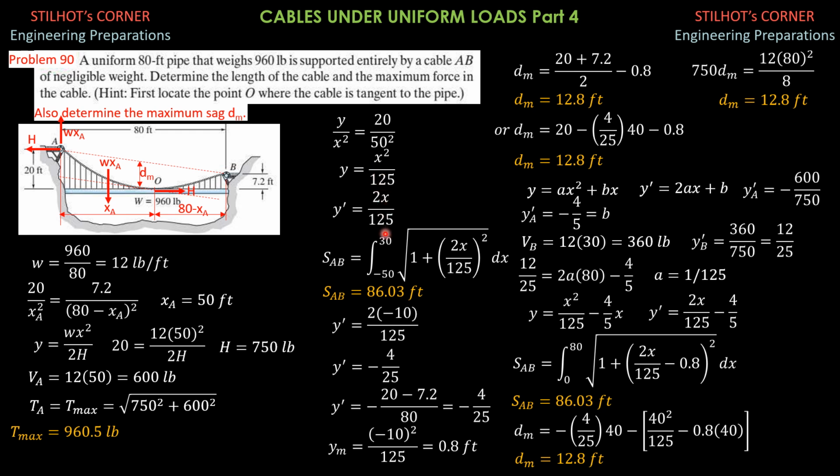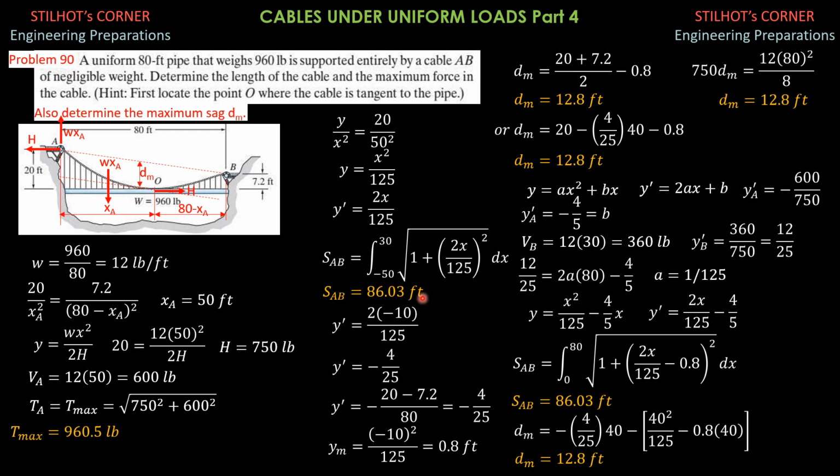The length of the cable, therefore, is the integral from negative 50 to positive 30, negative 50 because the origin is here, and XA is 50 feet to the left, and XB is 30 feet to the right, that's why we have positive 30. Square root of 1 plus y prime square, or dy dx square, dx. Using your calculator, the length of the cable is 86.03 feet.